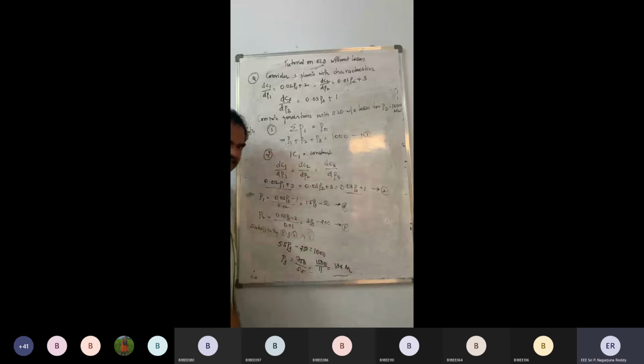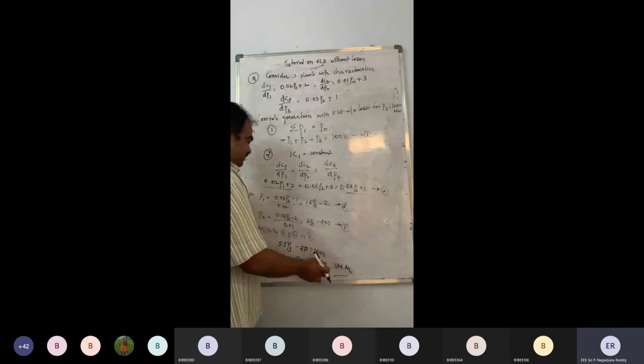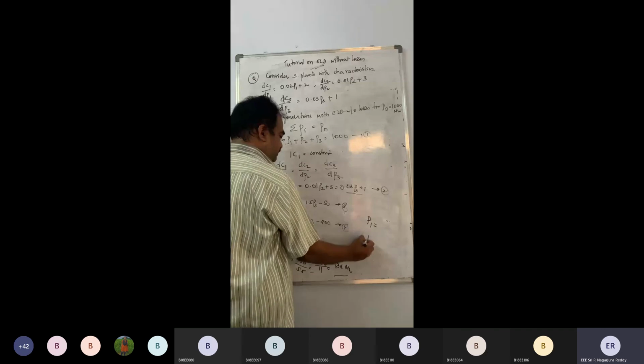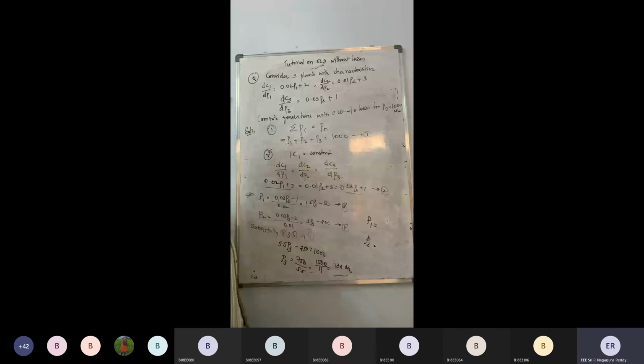Something around 136, I think so. If I get P3, then I can go with P1 and P2. So what is P1? If I substitute P3 value here, I'll get P1. If I substitute P3 value here, I'll get P2. So P1 is equal to. Can somebody do this for me? P1 and P2.